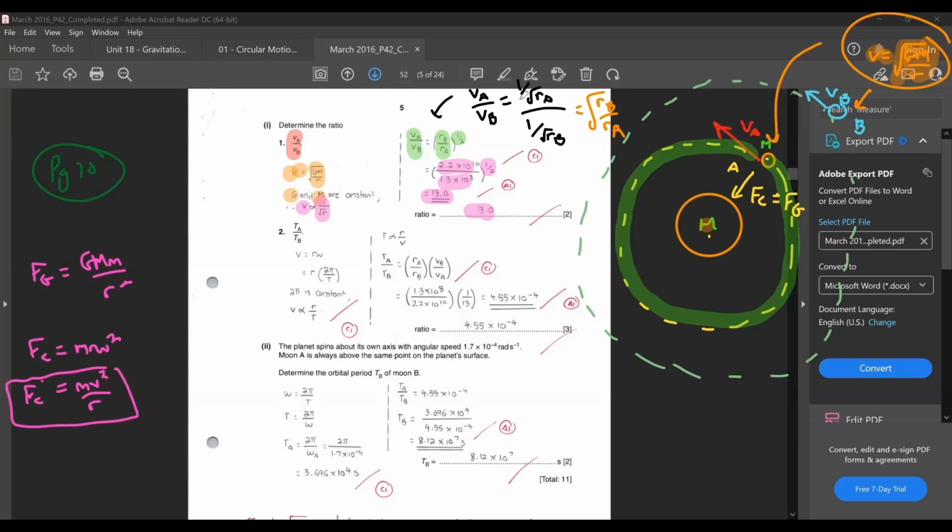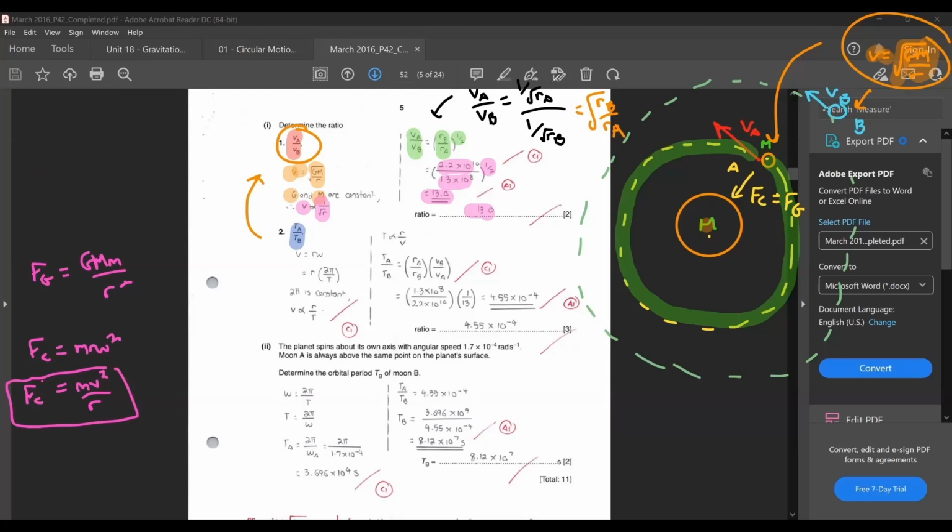Now, if you look at the next part of the question, this time they're asking you what is the ratio of the periods, TA to TB. Okay, the ratio of the period of TA to TB. Now, this one would probably also relate back to whatever you have calculated here. But in the first place, what equation should you use?